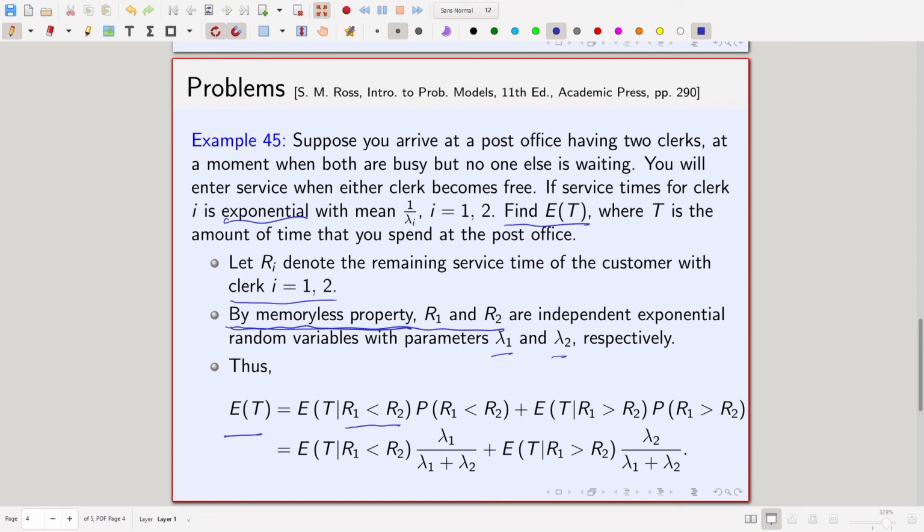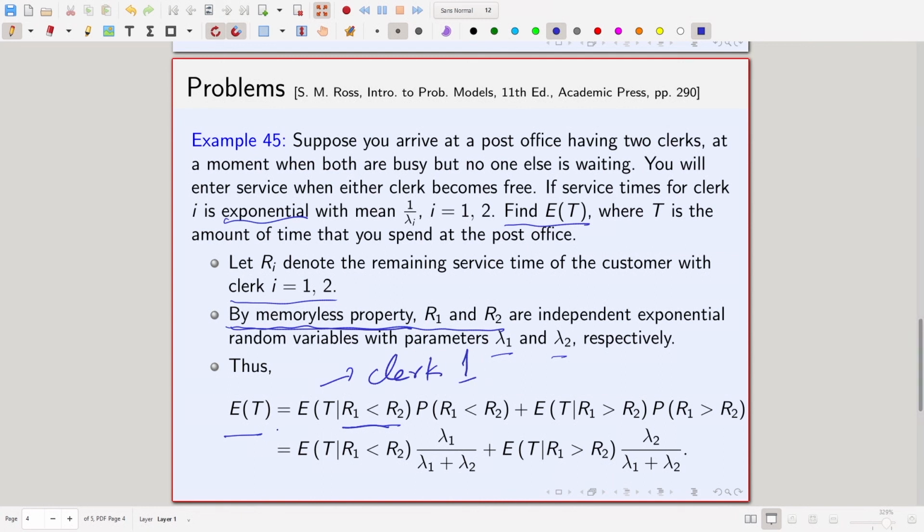That means the remaining service time of the customer with clerk 1 is less than that of the customer with clerk 2, so the customer with clerk 1 leaves first. Fine. In this situation you will join clerk 1.